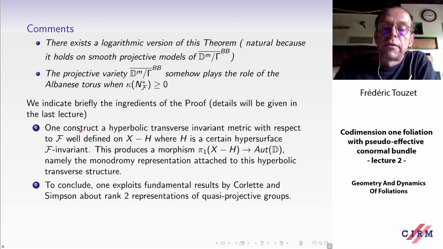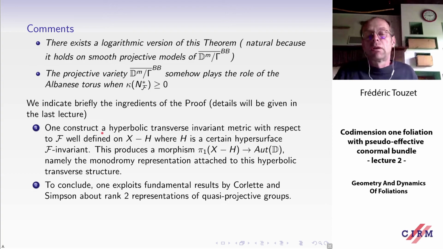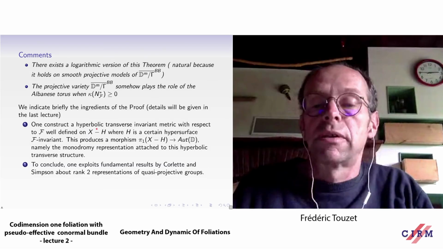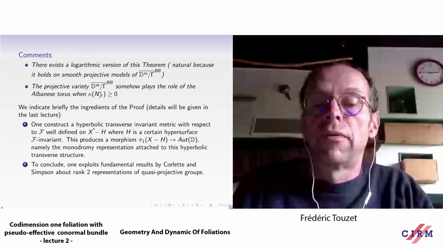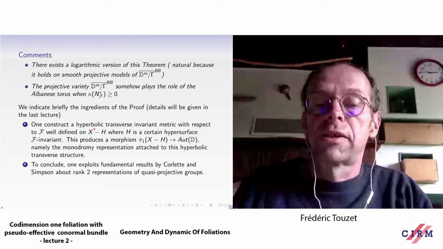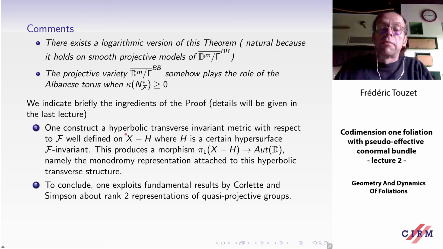The first point is to construct, from the pseudo-effectiveness property, a transverse invariant hyperbolic metric, which has the properties, in fact, of the transverse invariant metric attached to the tautological foliations on the quotient of polydiscs. And this can be realized thanks to the proof of the Bailey theorem.